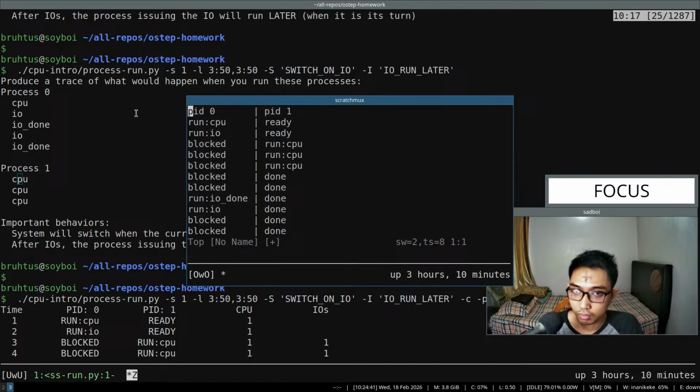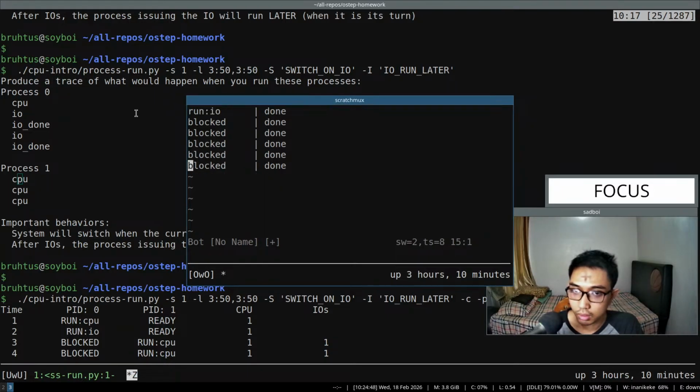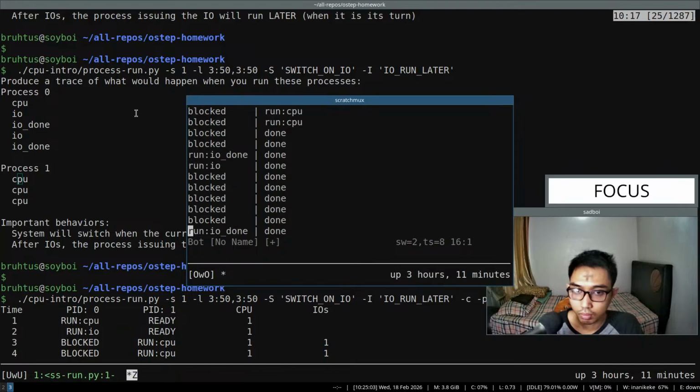Maybe. And then this should be run IO done. Maybe.